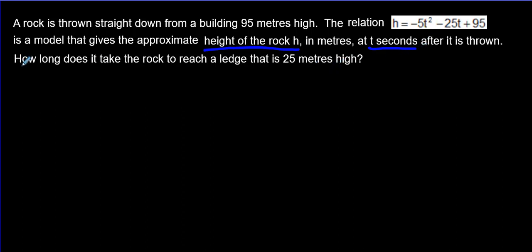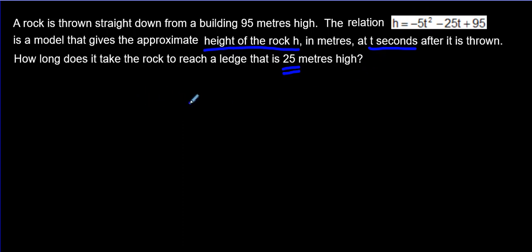So it's the question, how long does it take the rock to reach a ledge that is 25 meters high? Okay, so how many seconds would it take the rock to reach a ledge that is 25 meters high? So it seems that we know the height that we're looking for. The height is 25 that we're looking for in this situation. What we want to know is the time.